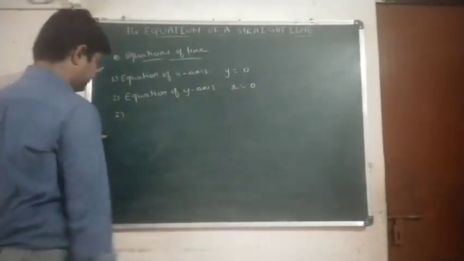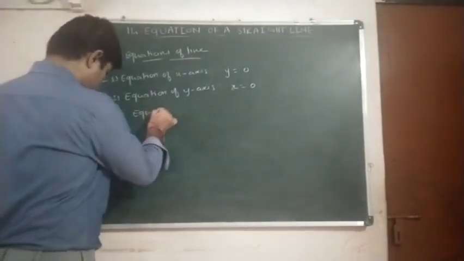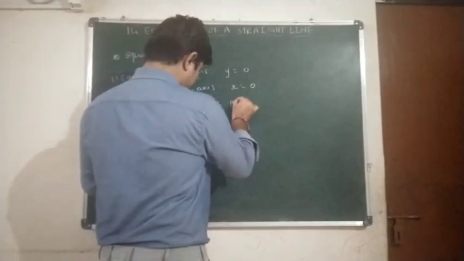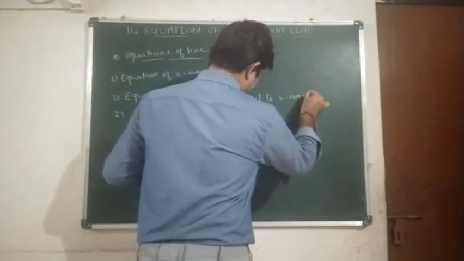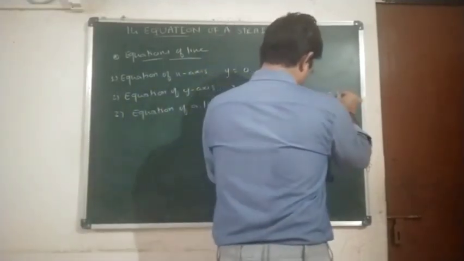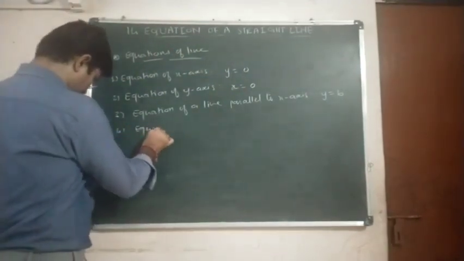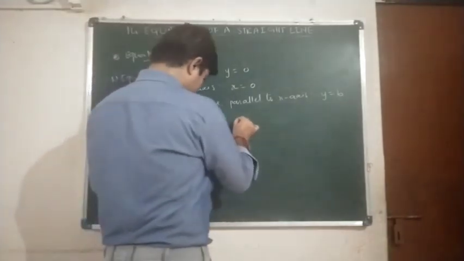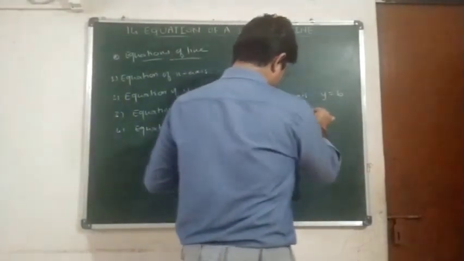Similarly, we have the equation of a line parallel to the x-axis, which is given by y is equal to b, and the equation of a line parallel to the y-axis is given by x is equal to a.